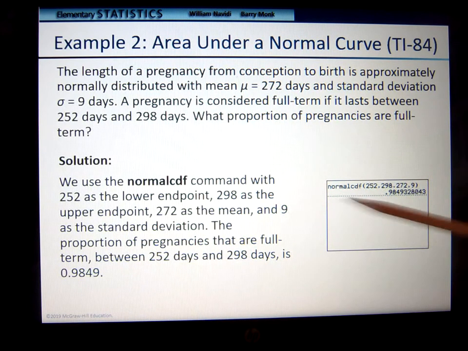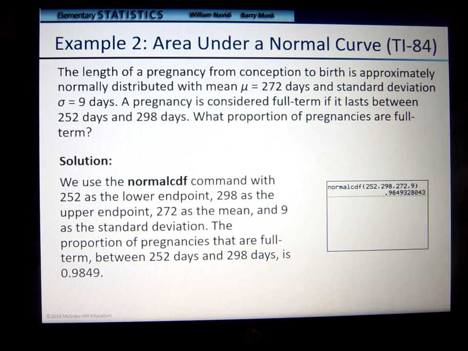We can use our 252 as a lower, 298 as our upper, 272 as our mean, and 9 as our standard deviation. Notice we didn't have to find any z values for this. And once we put this all in, we will get 0.9849, just like before, rounded to the 4th decimal place.